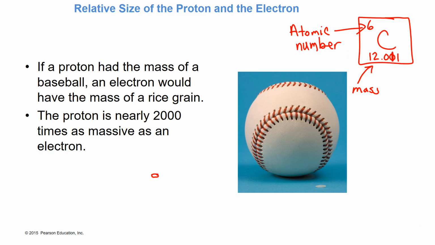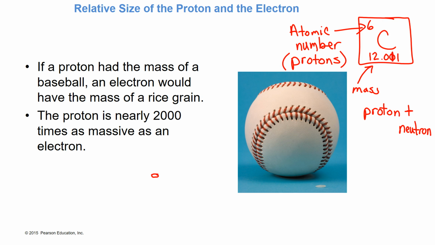All right. Atomic number is essentially protons. Mass is the protons plus neutrons. All right.